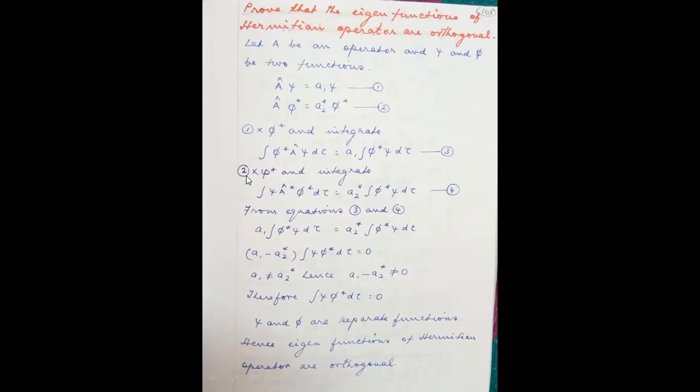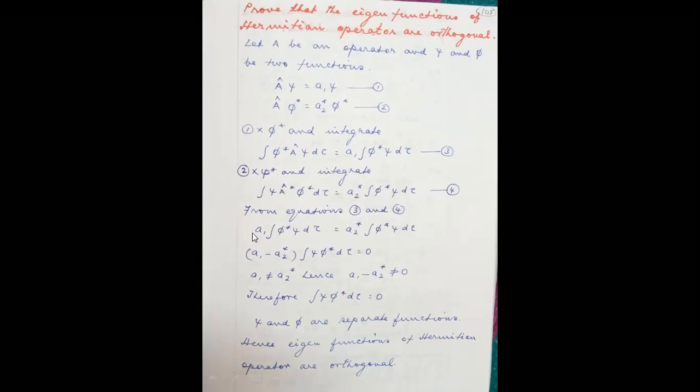Similarly, I'm going to multiply the second equation by psi and integrate. So integral psi A operator star phi star d tau. Actually, here one star has to be there, equal to A2 star integral phi star psi d tau. So from equations 3 and 4, A1 integral phi star psi d tau equals A2 star integral phi star psi d tau.